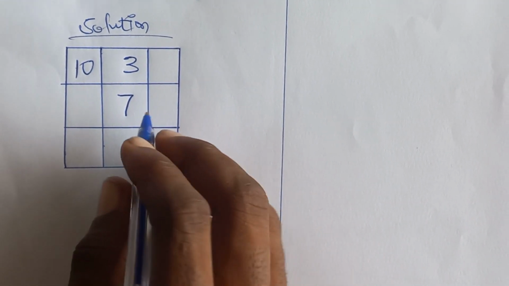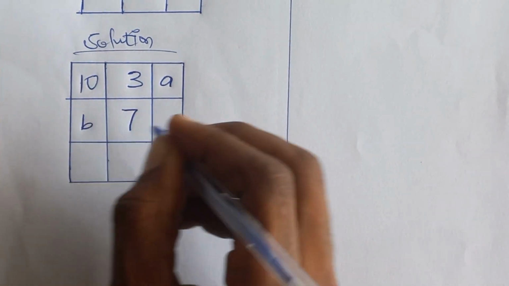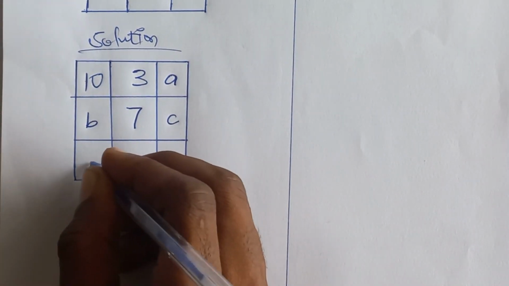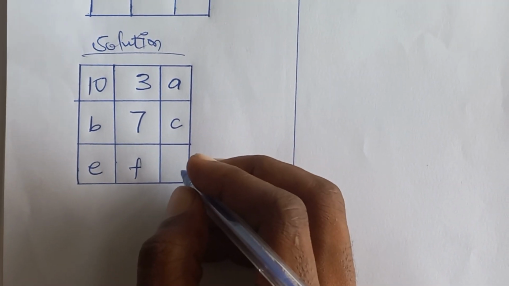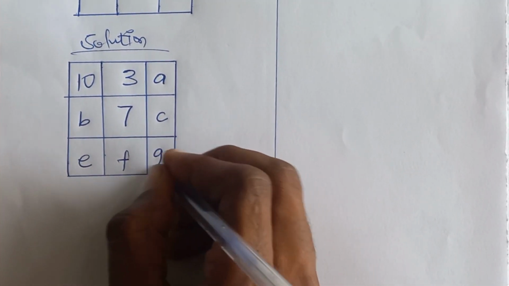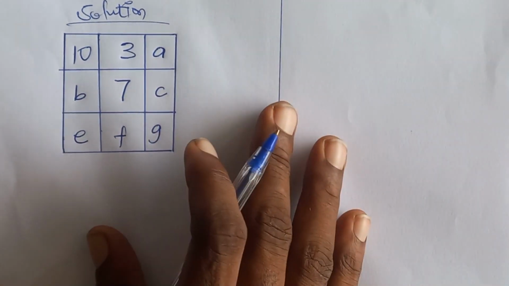So we can say that here should be A, B, C, E, F, then G. I know I've missed D, but no problem, it's still the same.